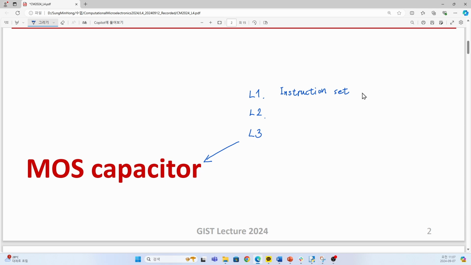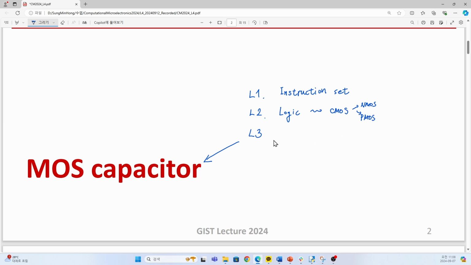After that, the essential part of this calculator was logic, and the logic is implemented with CMOS, and CMOS contains both N MOSFET and P MOSFET. Then how can you describe their electrical behavior in the level of compact modeling, so circuit simulation? That was discussed in our previous lecture too.